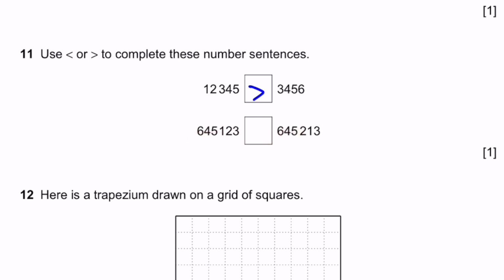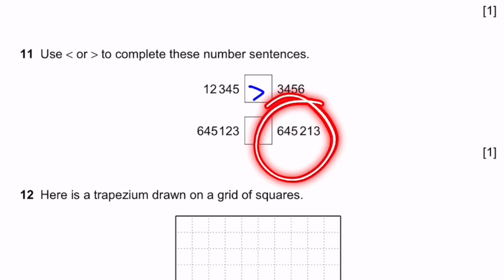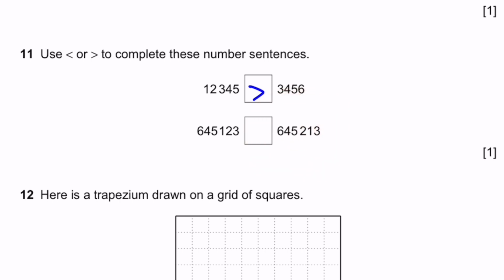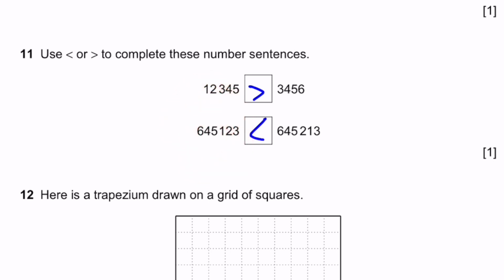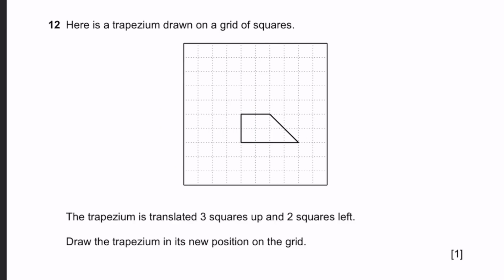That's also the same. Fourth digit, 1 for this number and 2 for the other number. 2 is greater than 1. That means this number, 645,213, is greater than this number, 645,123.